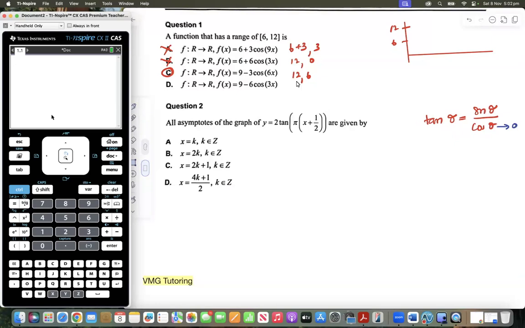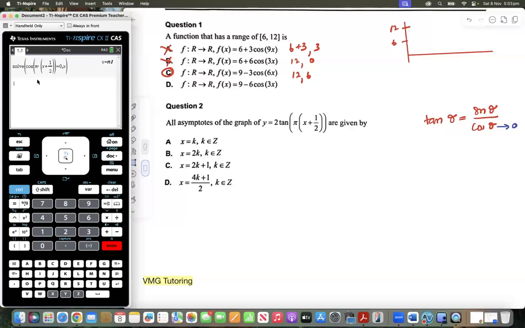For the first method, I get the solve function: solve cos of pi multiplied by x plus half, that has to be equal to 0, comma x. x is equal to n1, which means all integers.